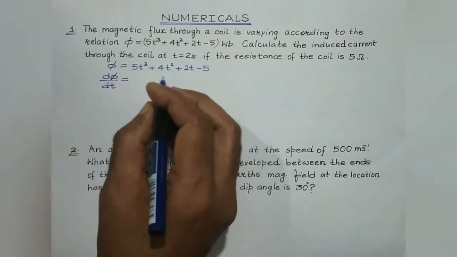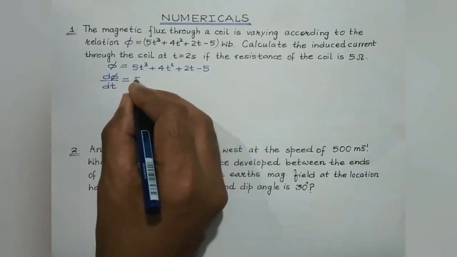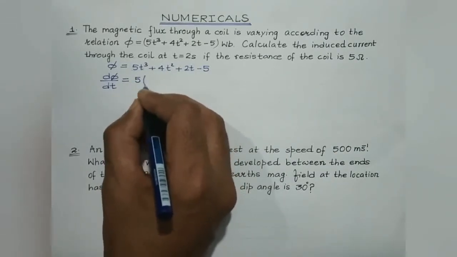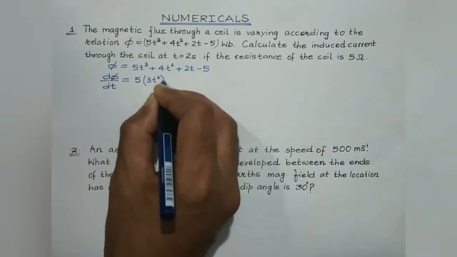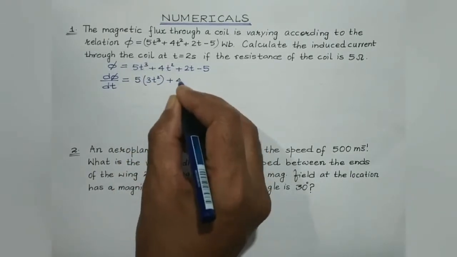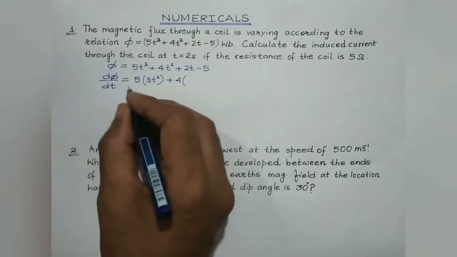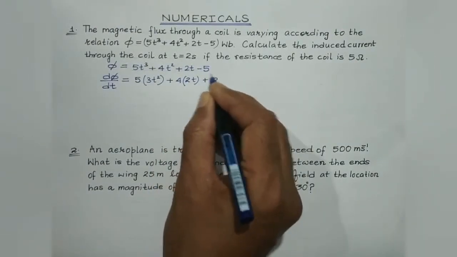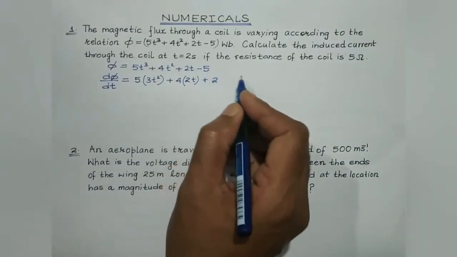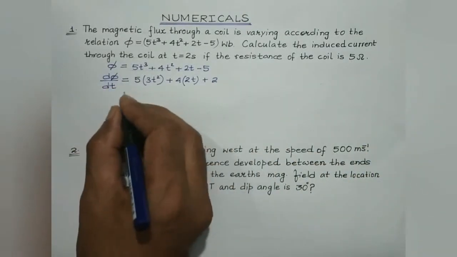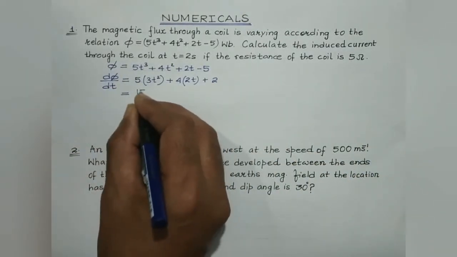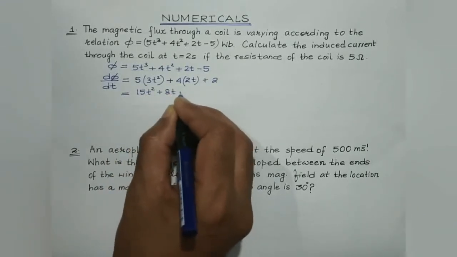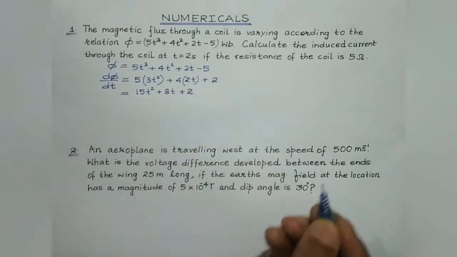So it will be equal to 5 times the differentiation of t cube, which is 3t square, plus 4 times the differentiation of t square, which is 2t, plus 2 times dt by dt, which is 1, and the differentiation of a constant is 0. So what we get is 15t square plus 8t plus 2, right?